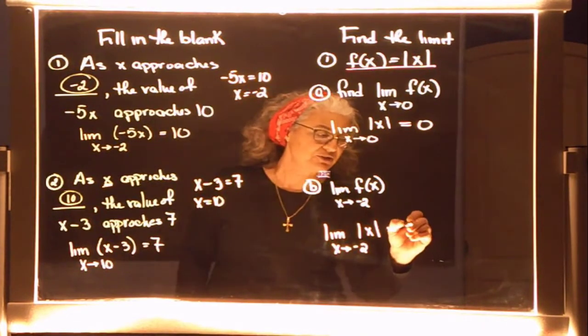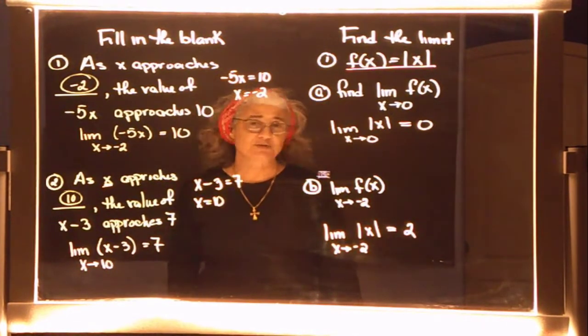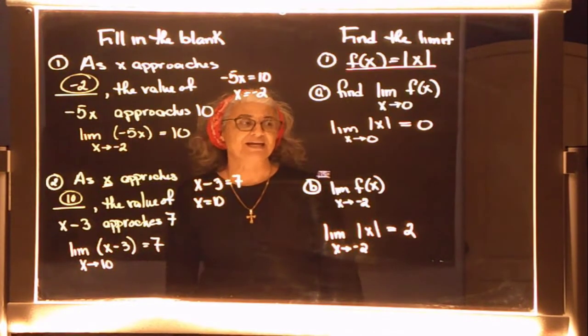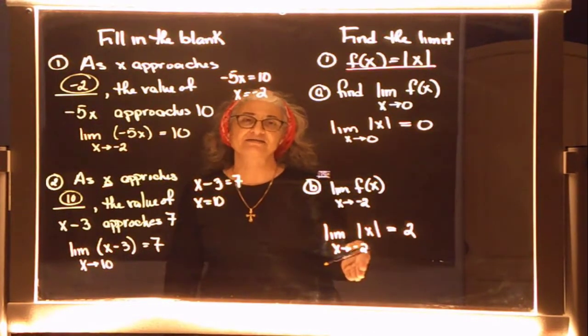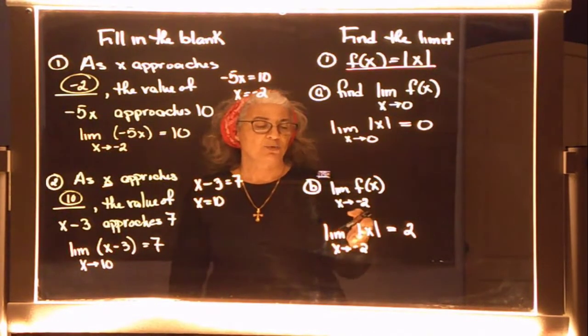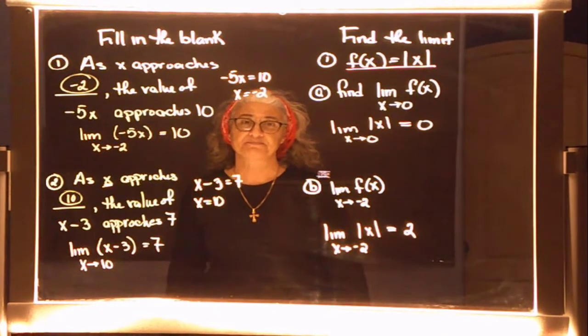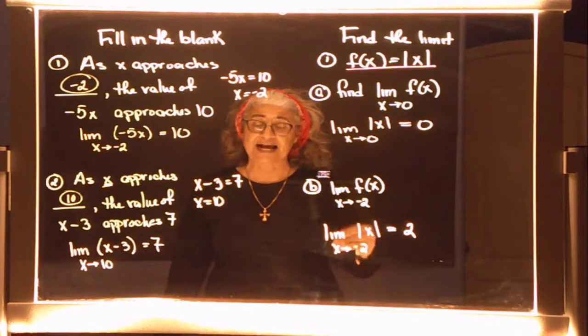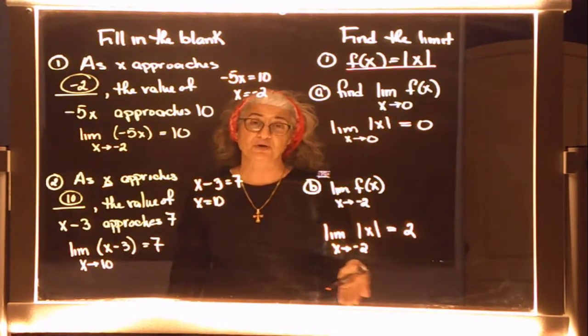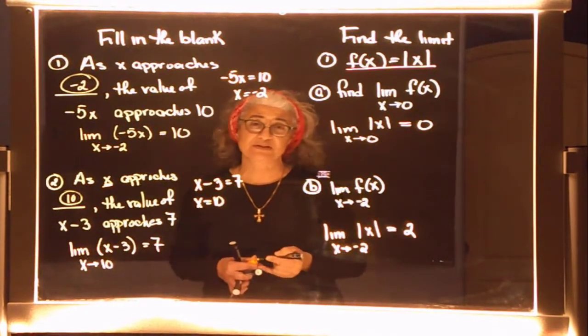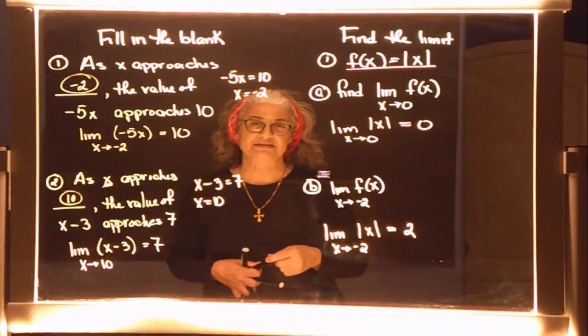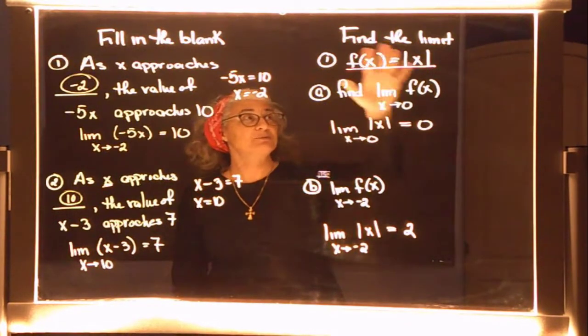Yeah, we'll get 2 because the absolute value of -2 is +2, isn't it? In this particular case, we can actually plug in the values of x, no problem. Sometimes that happens with a limit, and sometimes it doesn't. But stay tuned. Got to know a couple more of these.